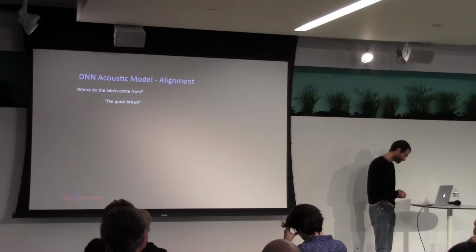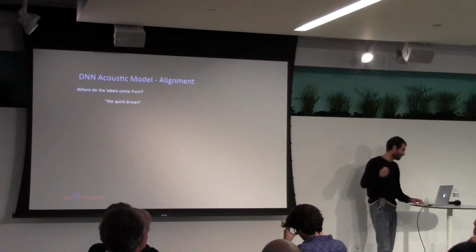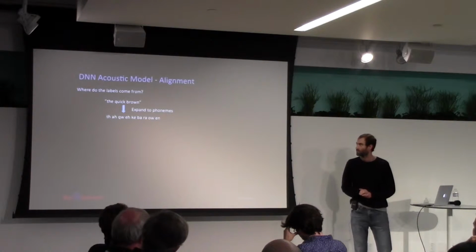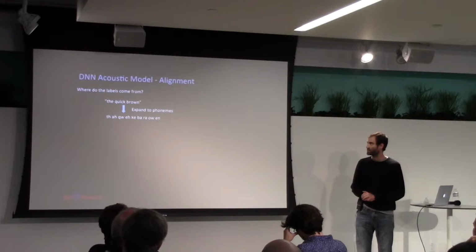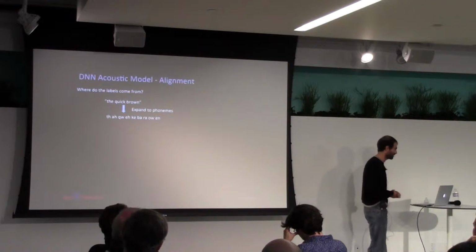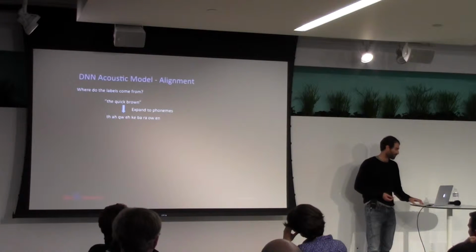Well, say that we have the start of a sentence, "the quick brown," and its corresponding audio. Well, we take that transcription and we expand it into its phonemes. I just made these phonemes up, but they look something like that.